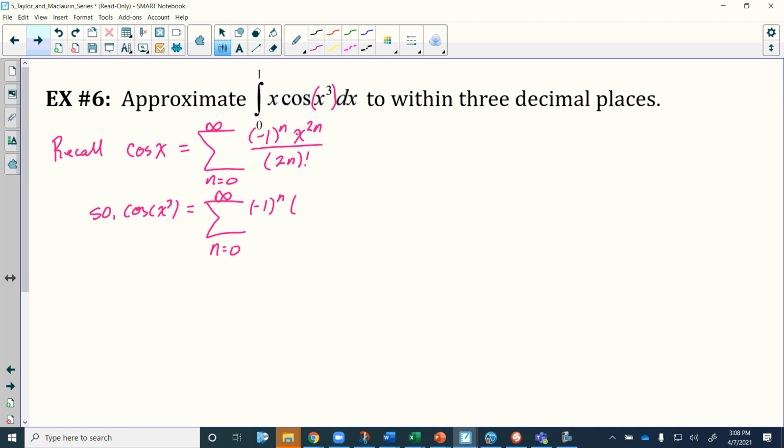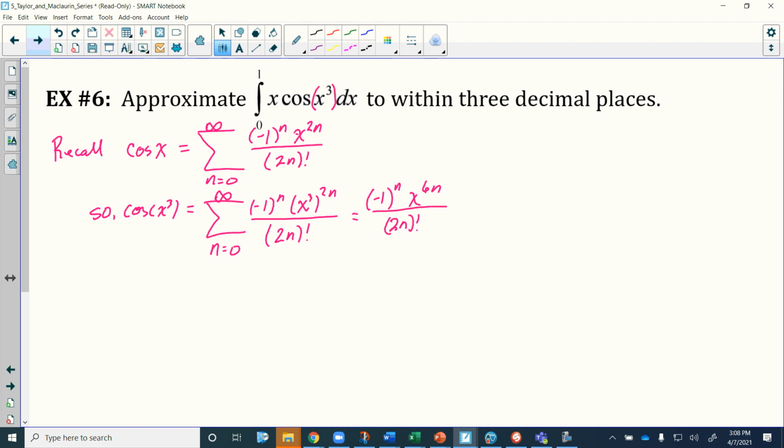So I'm going to wind up with x cubed raised to the 2n power over 2n factorial. And of course, we can simplify that a little bit with the exponents on the x, and I'll have -1 to the n power times x to the 6n power over 2n factorial.